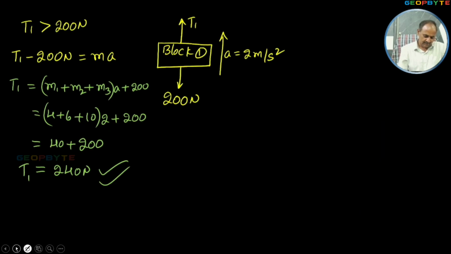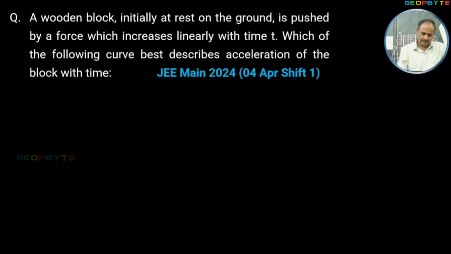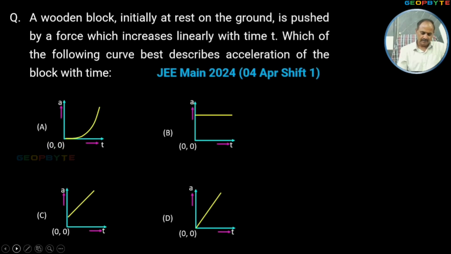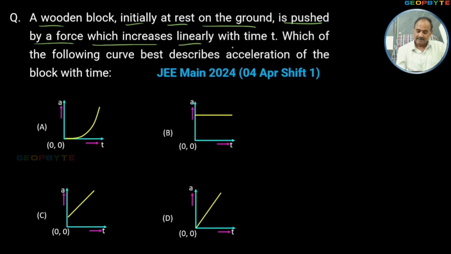Yes. Similarly, look at the another question. Try to read it clearly. A wooden block initially at rest on the ground is pushed by a force which increases linearly with time t. Which of the following curves best describes acceleration of the block with time?